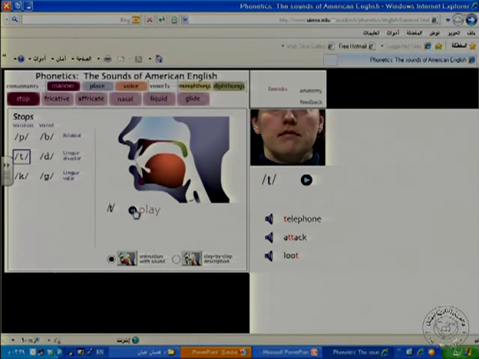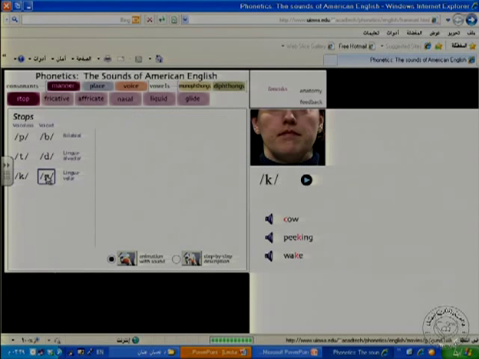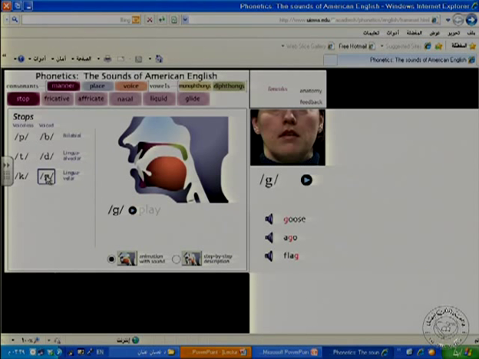Let us take one more example, as in K. Here, you will find the back part of the tongue with the velum. See, again. This is K. And if we also try G, it is the same sound, and same place, same location, see.